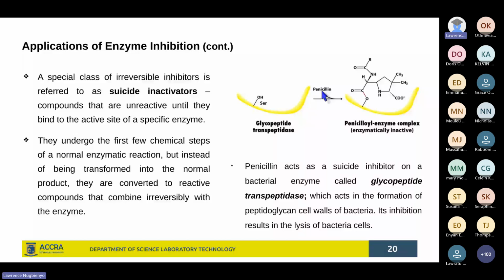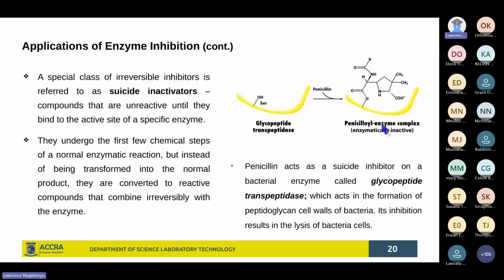Penicillin comes to bind to that serine residue, which is in the active center of the glycopeptide transpeptidase, forming this inactive penicilloyl enzyme complex, so rendering the enzyme non-functional.